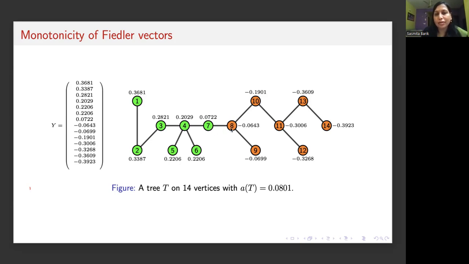Here you can see that the characteristic edge is edge 7, 8. It has a positive end vertex and a negative end vertex.